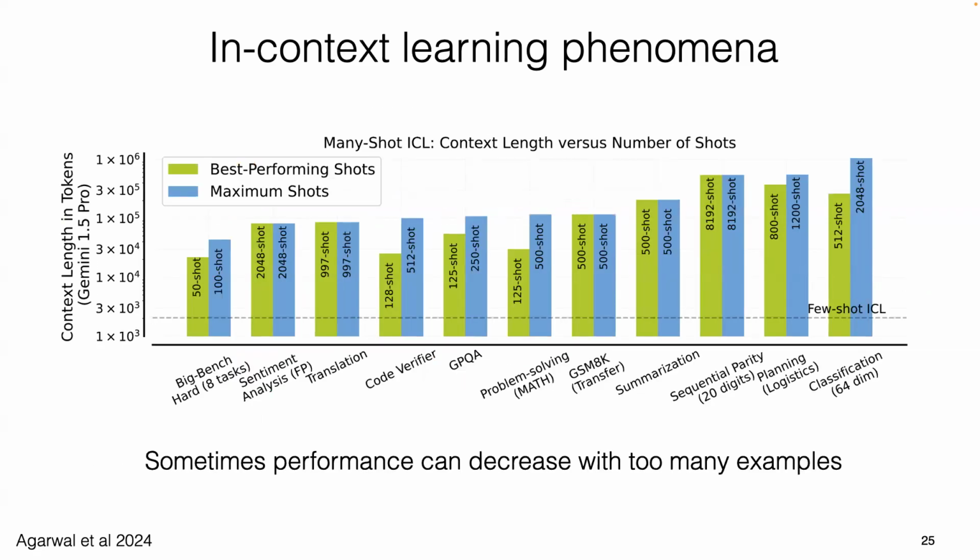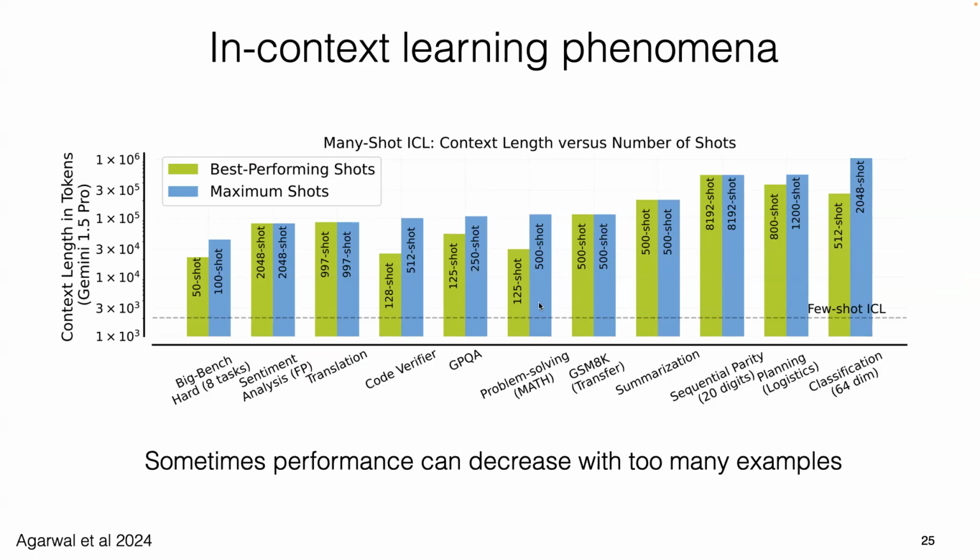And this is just another interesting thing. If you give the model too many examples, then it could actually lose performance. For this task, 125 examples was the best performing, in green, whereas 500 was worse.